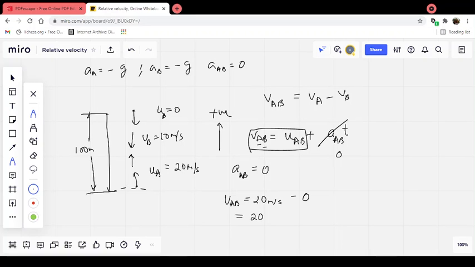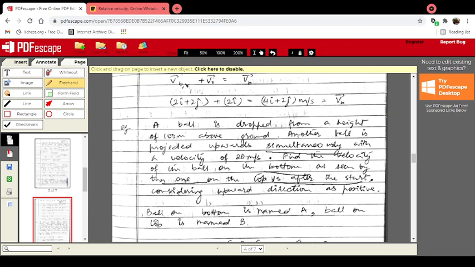So the velocity of A with respect to B would be 20 meters per second at t equal to 1 second after the motion has started. This gives us the answer to the question, and let us move ahead.